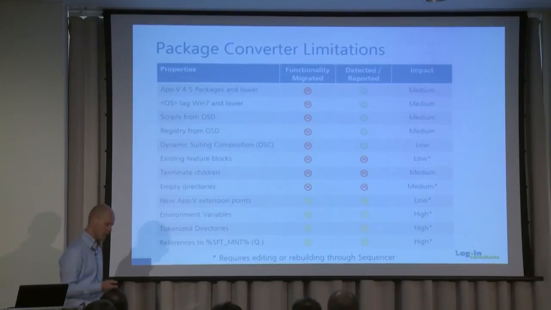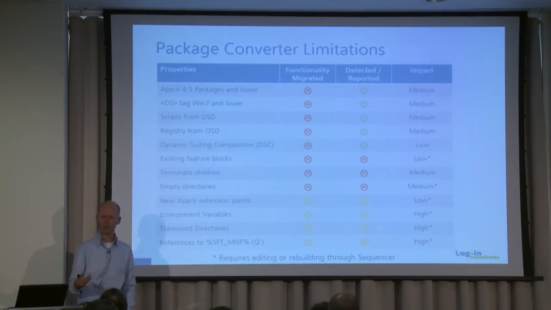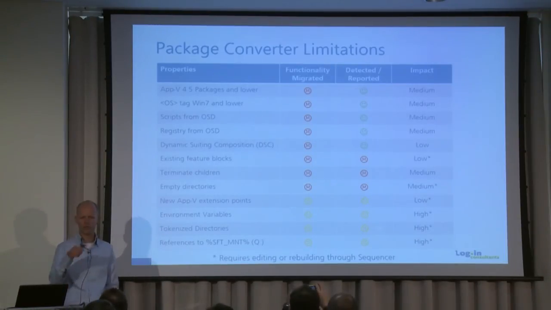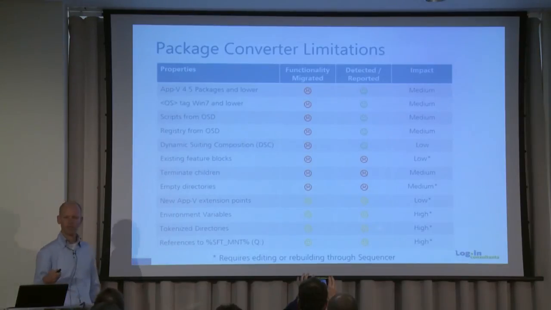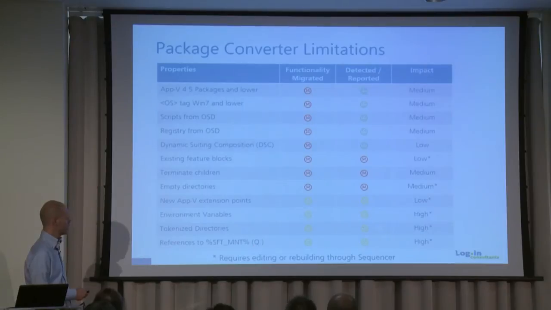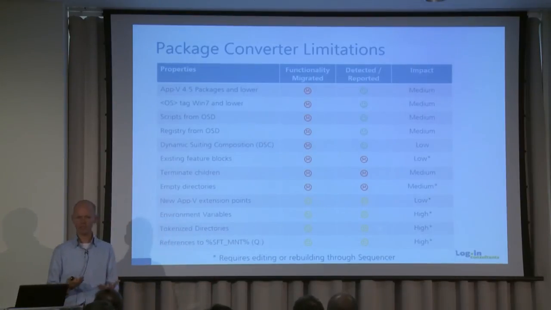Environment variables do get migrated, but I have a screenshot of situations where it doesn't get picked up properly by the application for some reason. The same goes for tokenized directories, those CSIDL folders. Those have all changed into new AppV tokenized folders. They do get picked up, but only at the locations where the sequencer tokenizes stuff, and that's not everywhere. One example, which I have later, is configuration files or text-based INI files, which the sequencer doesn't tokenize.